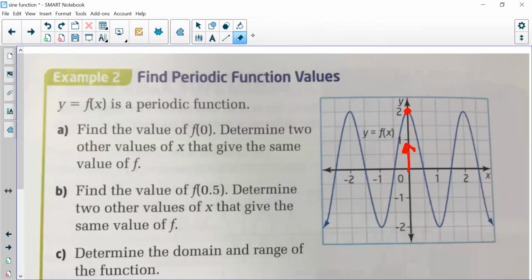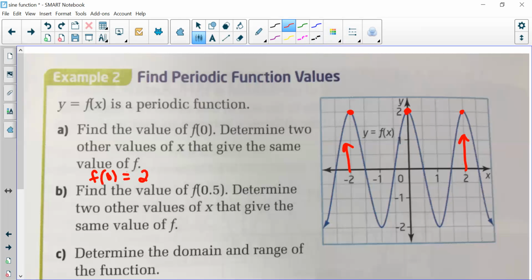Okay, you guys are with me so far? So I'm looking at my y value. It's at 2. So Elsa, when does that happen again? At what other values? It happens again here at -2, and it happens again here at +2. Okay, so let me just write that down. So f of 0 is going to be equal to 2, and it happens again at -2 and +2.